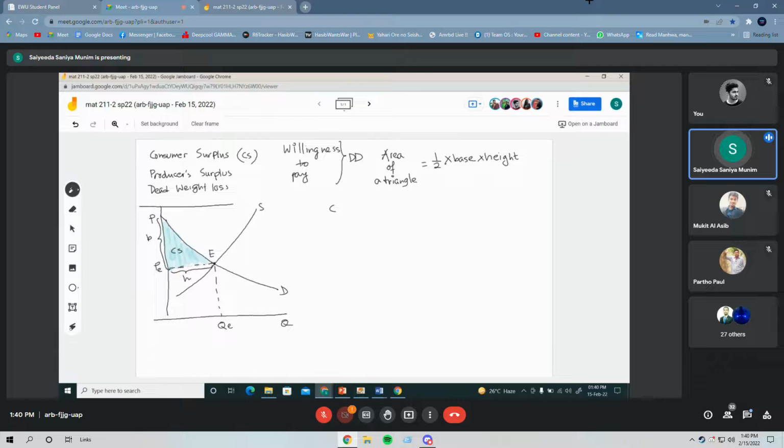So consumer surplus is half, and we can say this is price P, so P minus PE, times the height, which is the equilibrium quantity. So this is your consumer surplus.